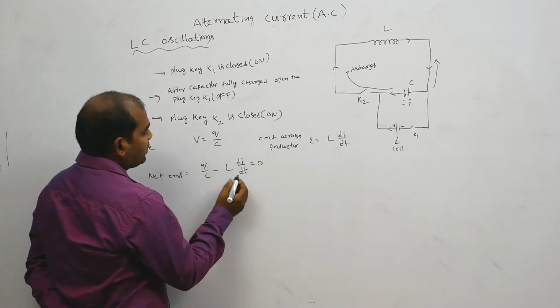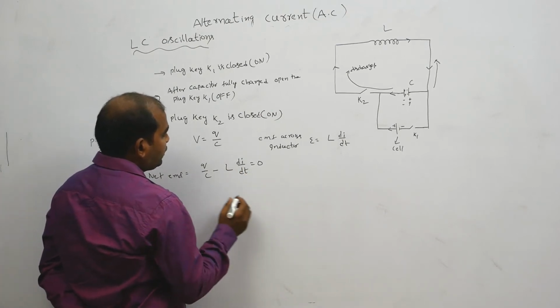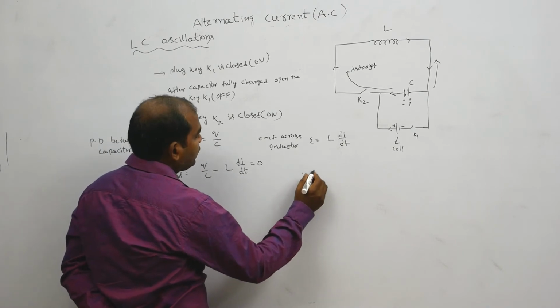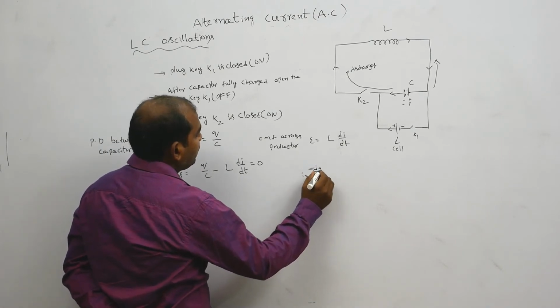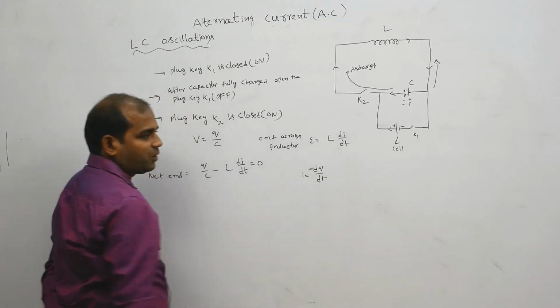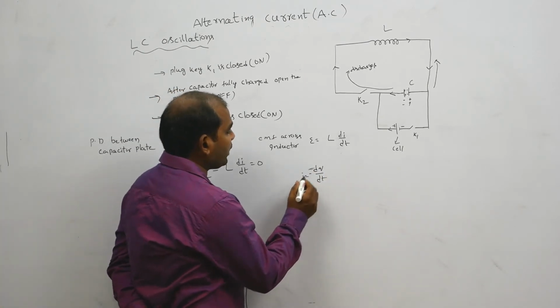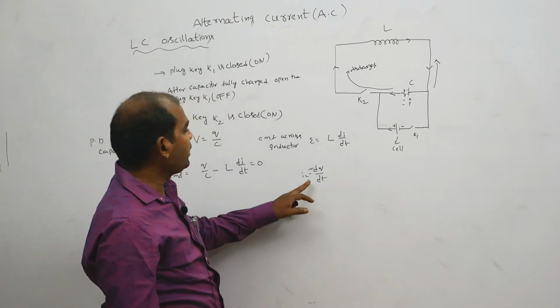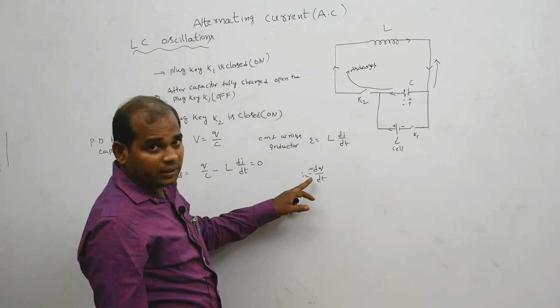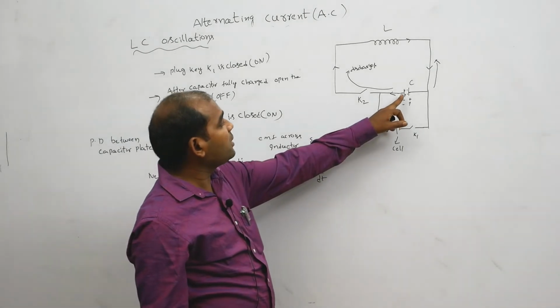As you know, I is equal to dq by dt. Here I am putting a minus sign. Why do I put a minus sign here?